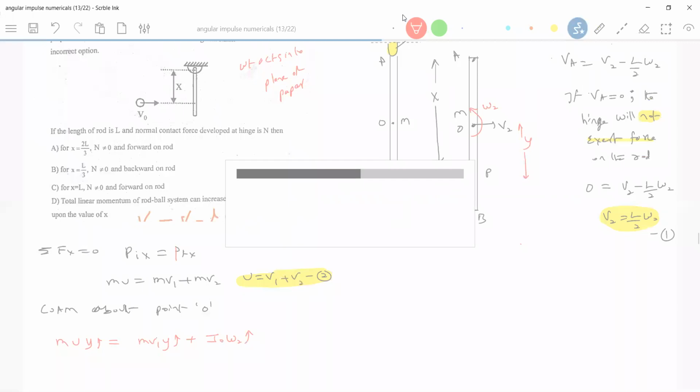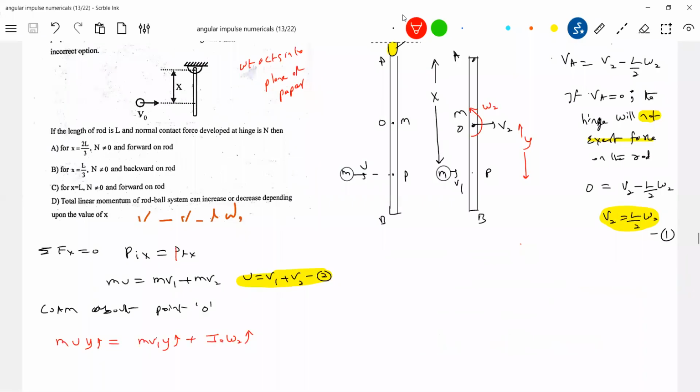So let's substitute all, because we need things. So uy is equal to v1y plus ml square by 12 omega 2. m will get eliminated. Now u minus v1. Okay, this is equation 2.